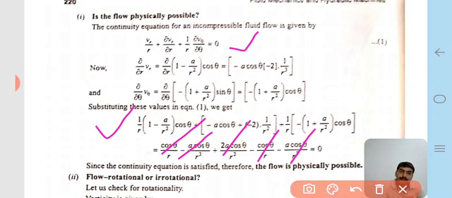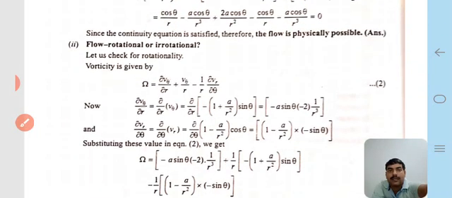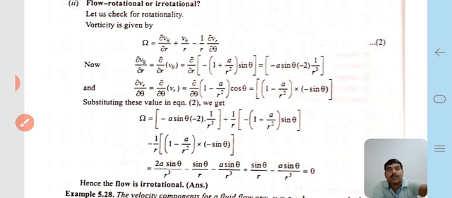Now we come to the second part of the question, asking whether the flow is rotational or irrotational. Two conditions: rotational or irrotational.